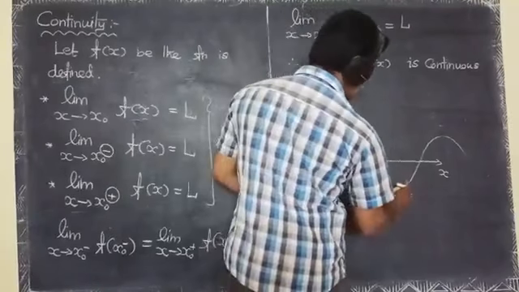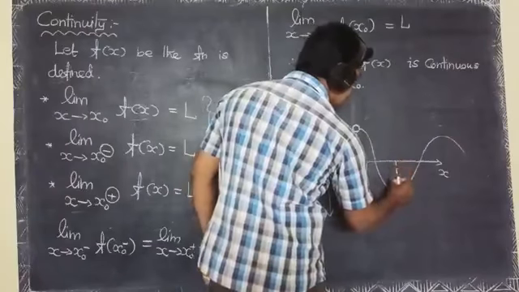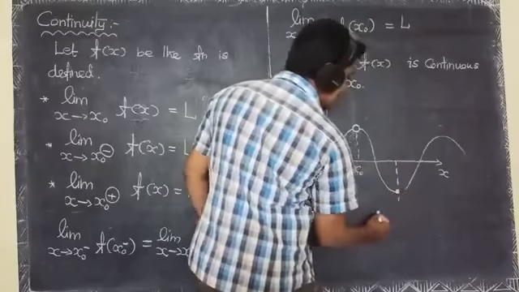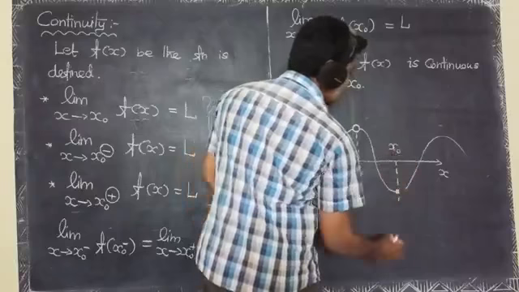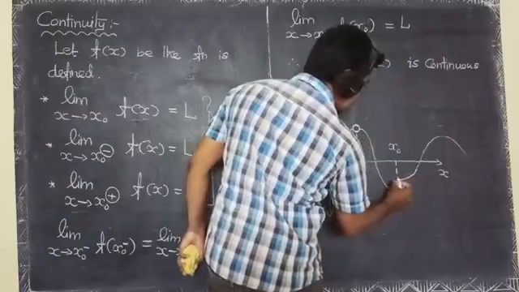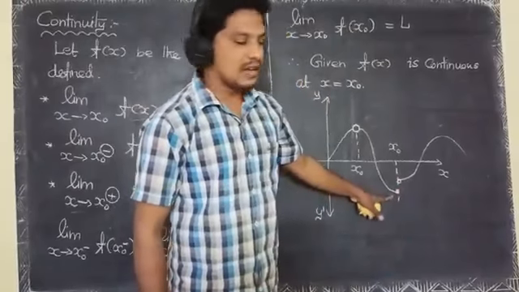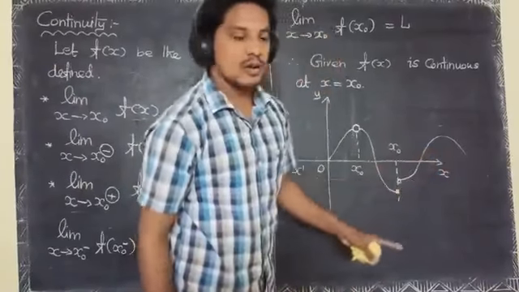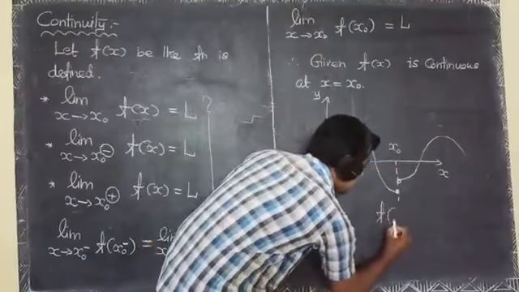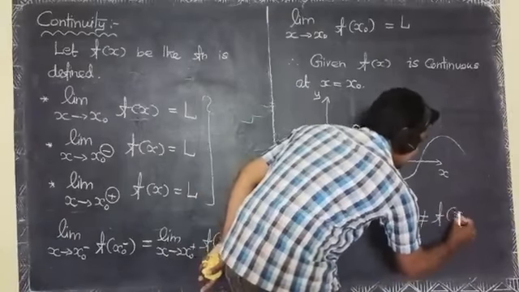Suppose here this is another one. This is the left approach, another one x naught. This is the right approach. Here the left approach has some value, the right approach has some value, but both are different. That is, f of x naught minus is not equal to f of x naught plus.